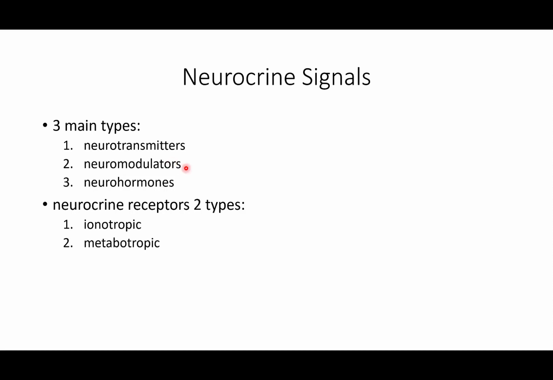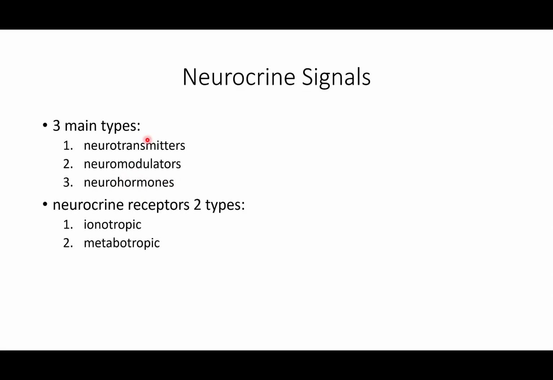So a neuromodulator is similar to a neurotransmitter, but generally its mode of action is that it's going to alter the functioning of a membrane protein. It's not going to necessarily open a gate, but it's going to alter some function. And lastly, we can have neurohormones. A neurohormone is, again, very similar to a neurotransmitter, except as the name implies, it will be circulated in the blood.